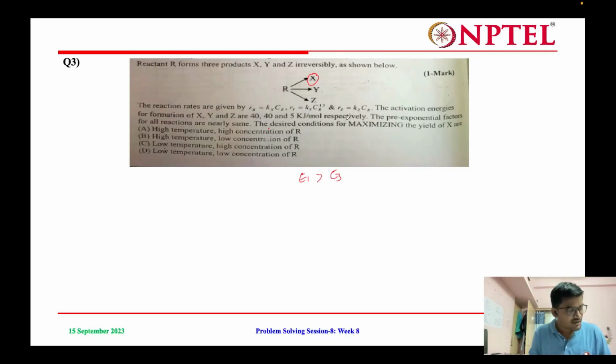Now there is a competition between X and Y as we are operating the reactor at a high temperature.